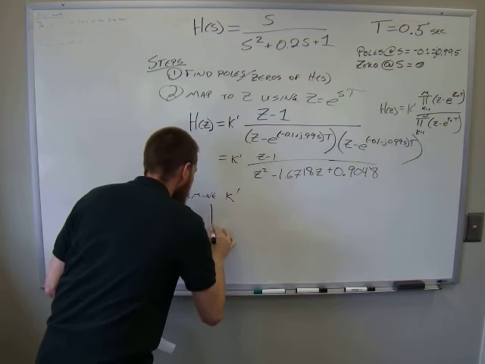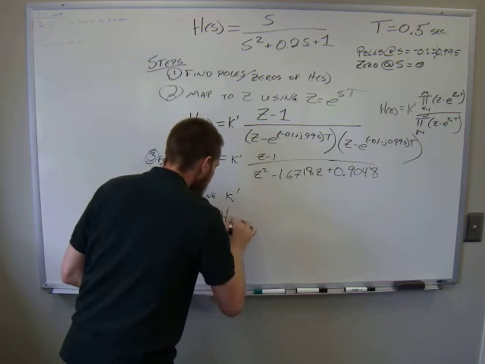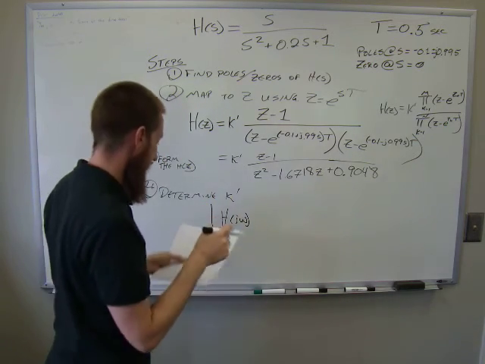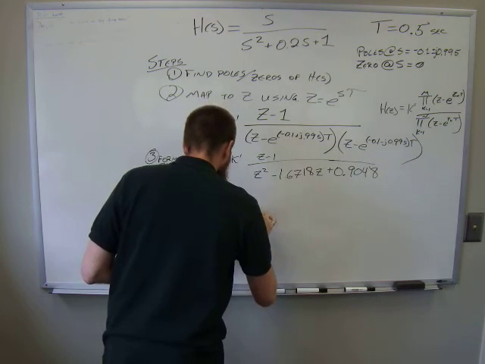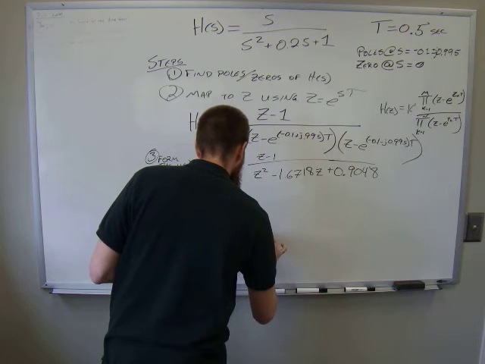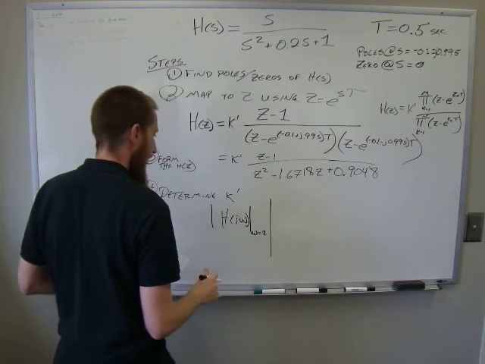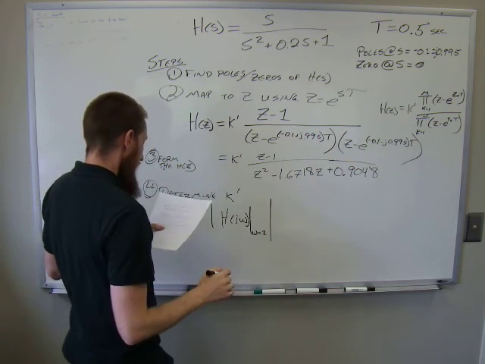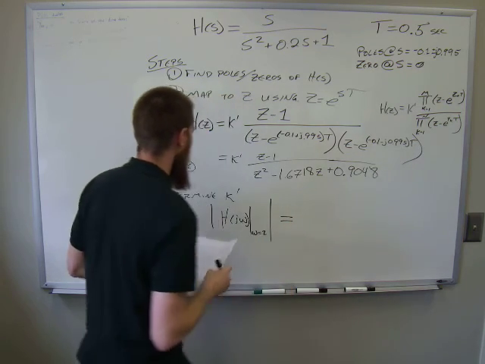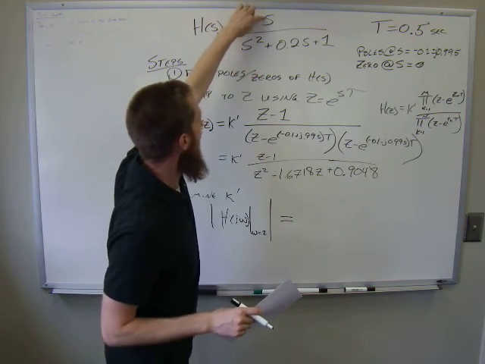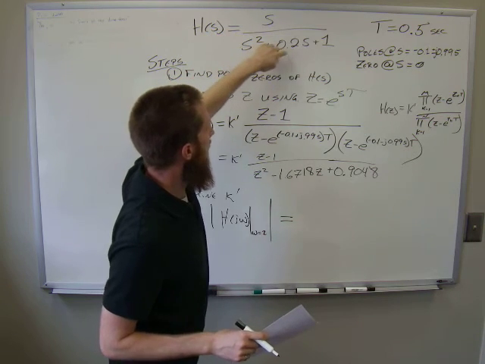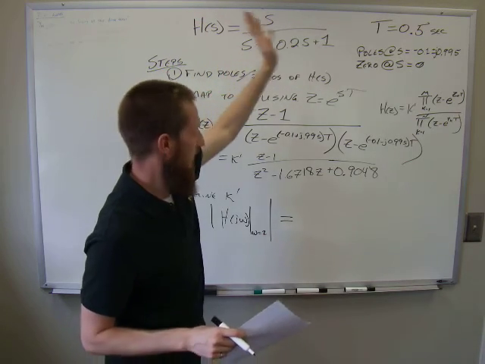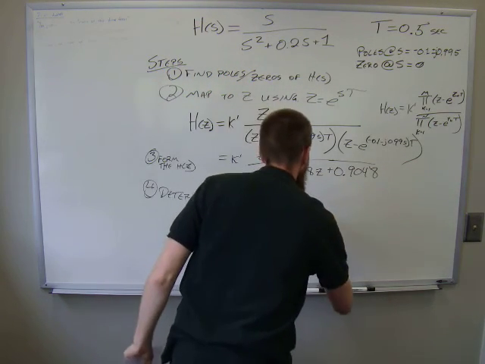Therefore, the absolute value of H of j omega, so we're substituting j omega into the s, at omega is equal to 1, is going to be equal to 1 divided by 1 squared plus 0.2 times 1 plus 1, and so it equals 5.